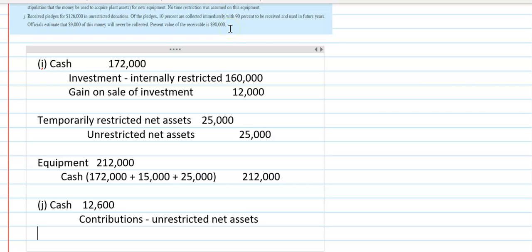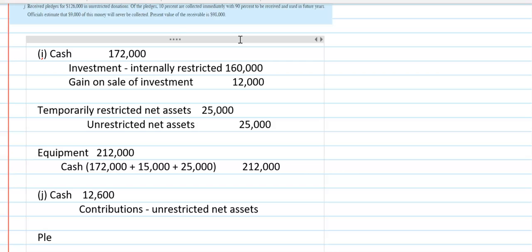So based on the present value, which we're gonna collect in future, currently our pledge receivable should be recorded as per 98,000. So of course we will record pledge as soon as we receive the promise, but we will record it as a receivable. So I'm gonna record or debit it as pledge receivables.